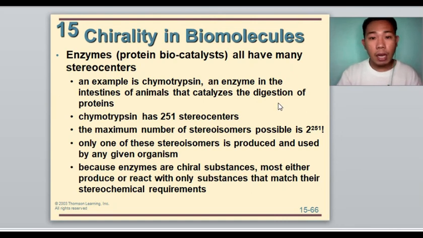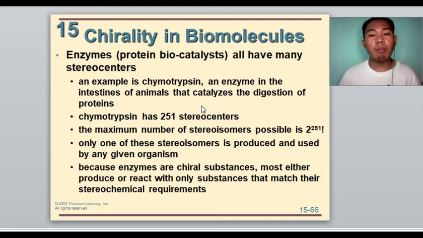Let's focus now on the chirality in biomolecules. So enzymes, like the protein biocatalyst, all have many stereocenters. An example of which is chymotrypsin, an enzyme in the intestines of animals that catalyzes the digestion of proteins. Chymotrypsin has 251 stereocenters.